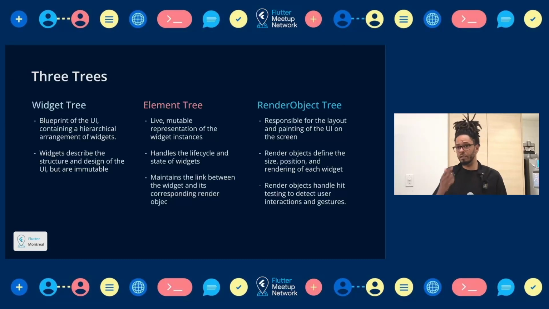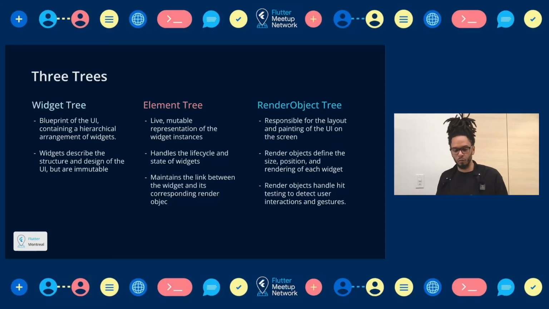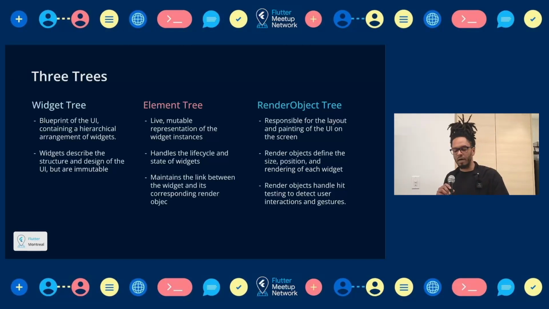The widget tree is what we actually create when we write Flutter code. We'll write the code for a column, for a box, for a button, etc. So this is the configuration of what you want your UI to look like. It's a hierarchy of widgets, basically, and it's immutable.